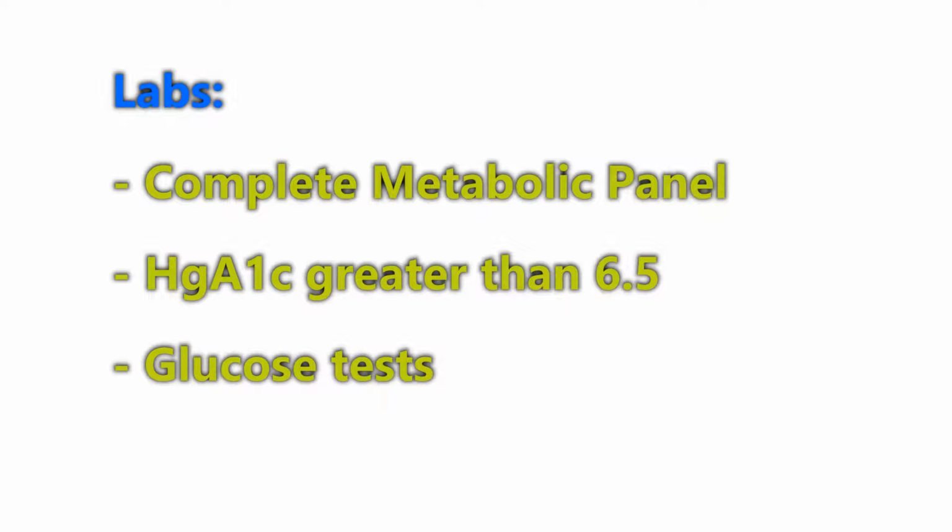Fasting glucose of greater than or equal to 126 is another diagnostic criteria for type 2 diabetes. Also, glucose tolerance test, which is difficult to perform considering today's practice limitations. A glucose tolerance test result greater than or equal to 200 is a sign of type 2 diabetes.